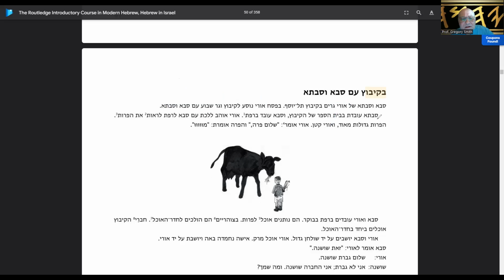Okay, let's see here. Savabta ovedet, so grandmother ovedet, works, Bayit HaSefer. Let's see, I think that's not a library. Library is Sefria. I think it could be a school. Savabta ovedet Bayit HaSefer.